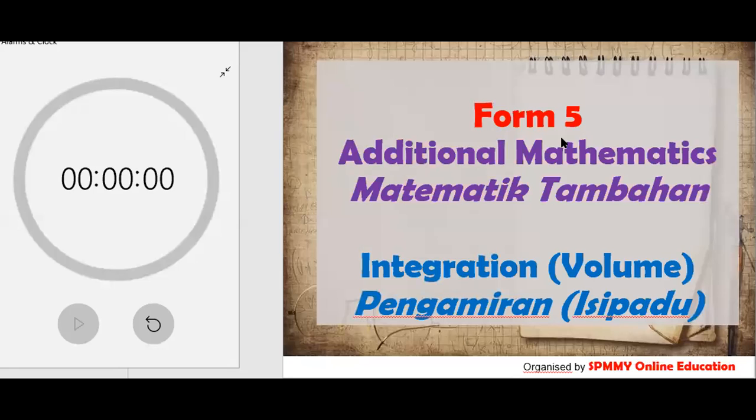Have you enter this chapter in your school? Sudah masuk tak topik ini dekat sekolah kamu? Sudah. Oh belum. Ada juga yang belum. Tengah masuk. Sudah masuk.